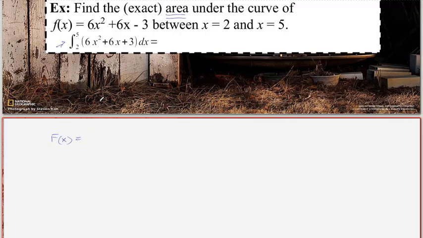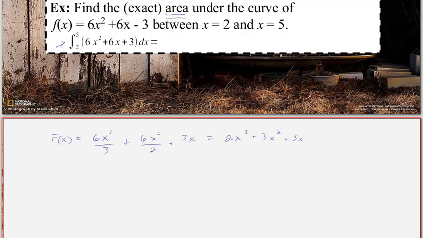All right, so we know how to find antiderivatives. For a polynomial anyway, just add 1 to the power and divide by that new power. So it'll be 6x to the third divided by 3 plus 6x to the second divided by 2 plus 3x, which of course simplifies to 2x to the third plus 3x squared plus 3x.